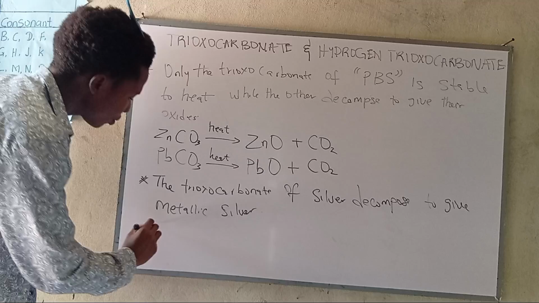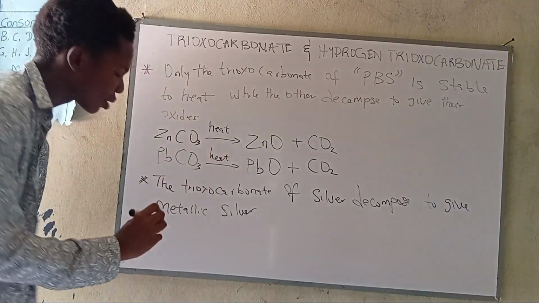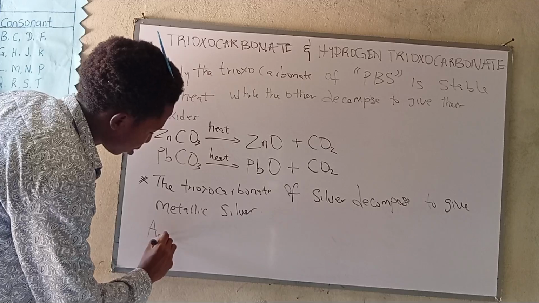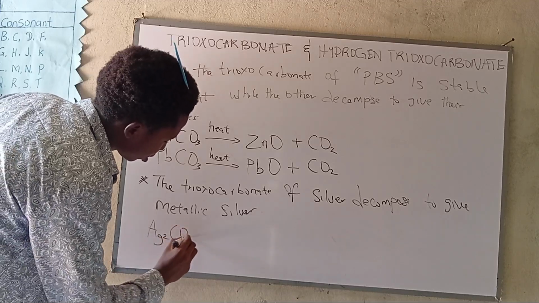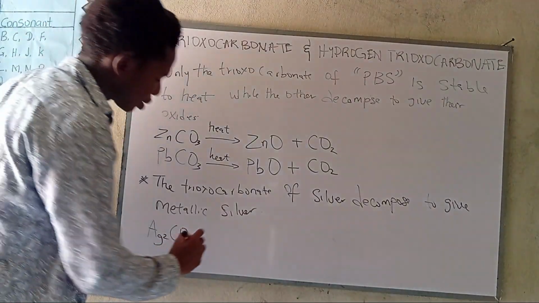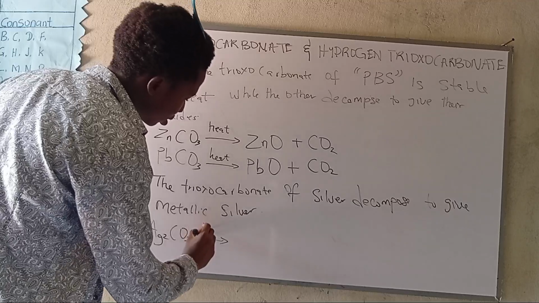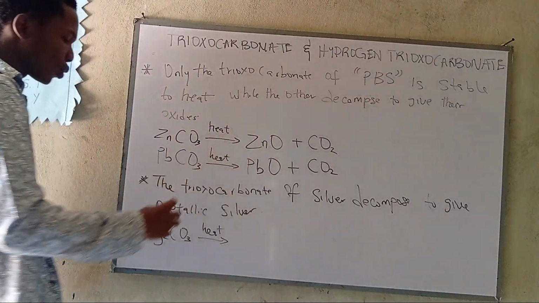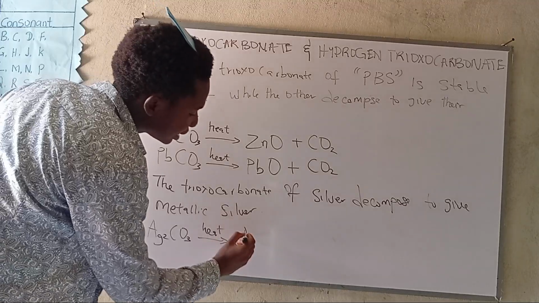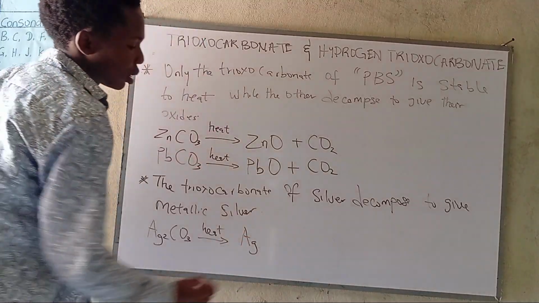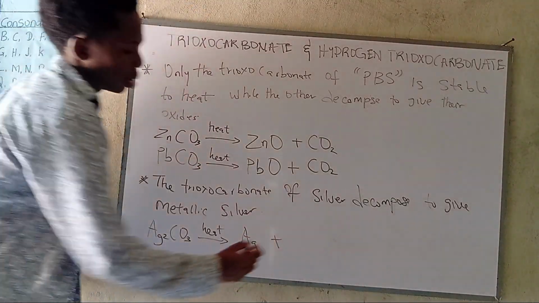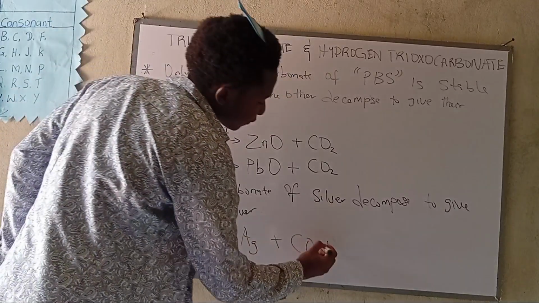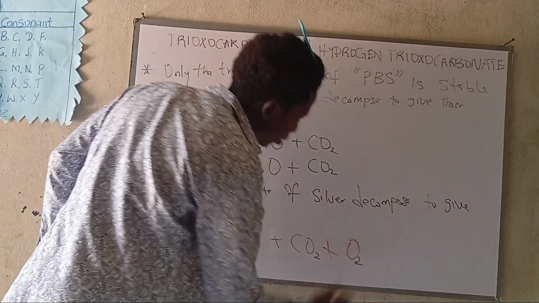So now let's go. When silver trioxocarbonate is heated, follow me, it will give us what? A metallic silver, liberate CO2, and finally an oxygen molecule.